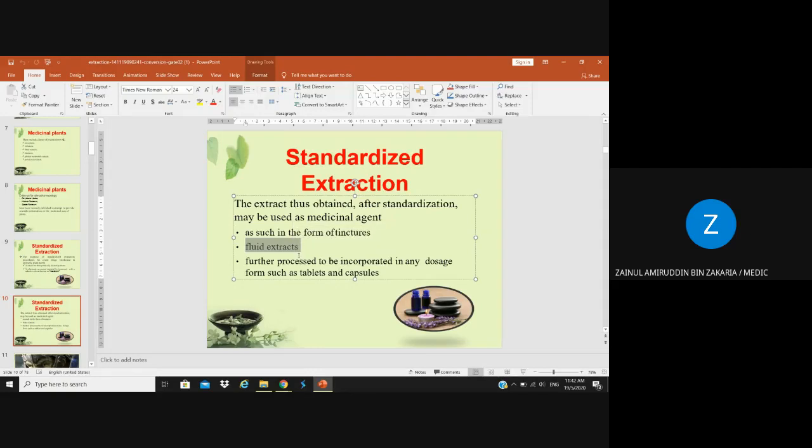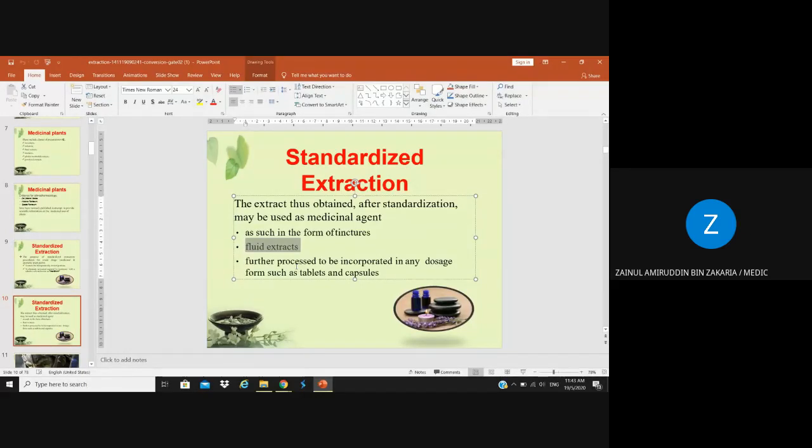Sometimes when you do water extraction, after you get the supernatant, you can remove the water using a procedure called freeze drying. You take the water extract after you have filtered the plant and the solvent, and keep it in a minus 80-degree freezer for 48 hours, the shortest time, or 1 week, whatever you decide. After that, you get solid ice.